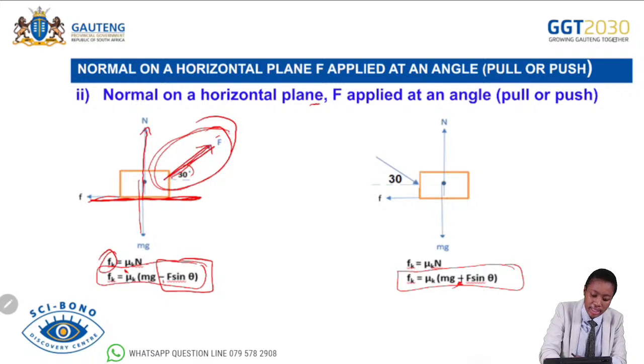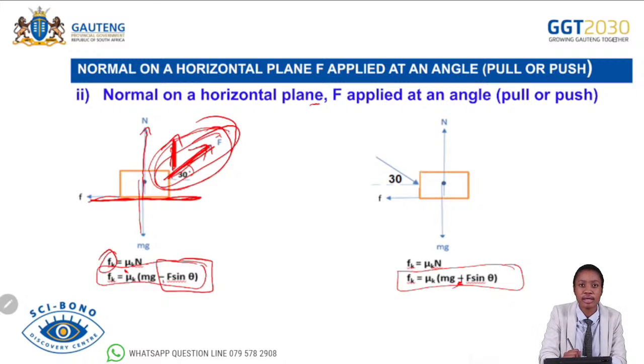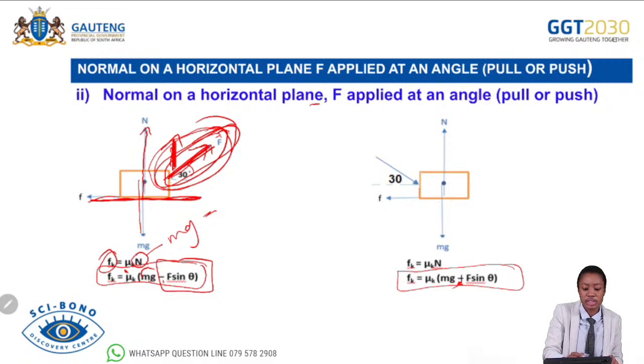F sin theta will be the y component of this vector here. So that will determine the normal force. The normal force would be the normal, mg, minus the y component that will be applied in this instance.